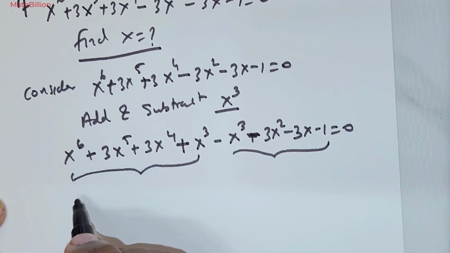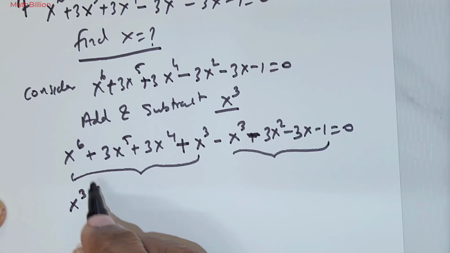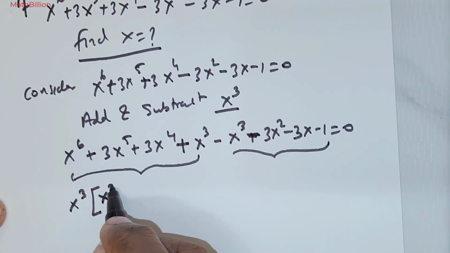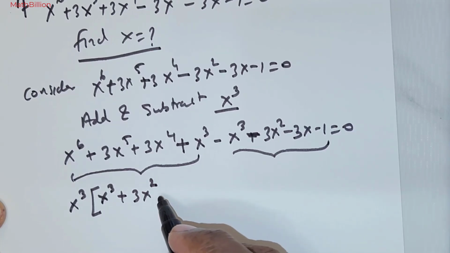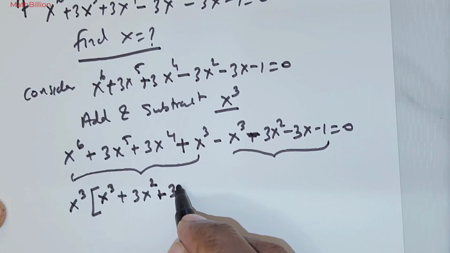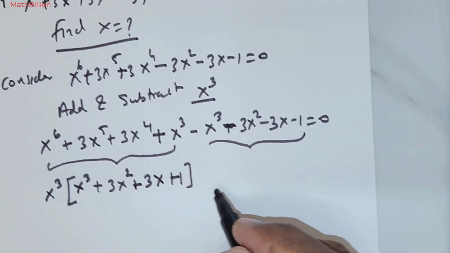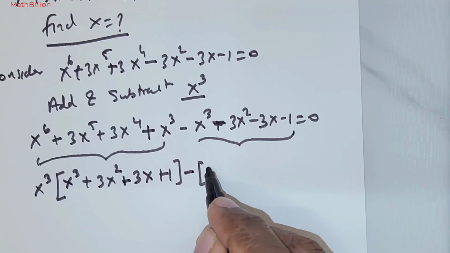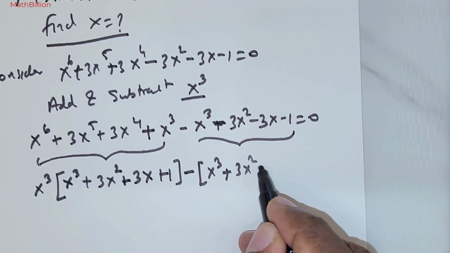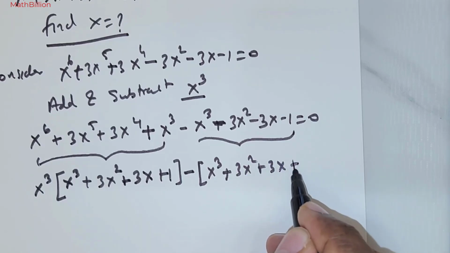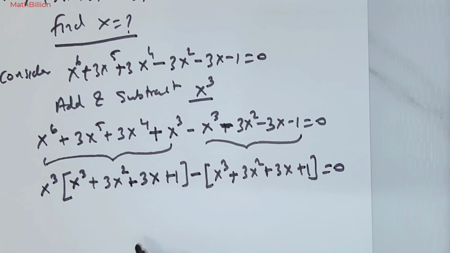So this can be rewritten by taking x^3 out, and I will get x^3 + 3x^2 + 3x + 1, and if I were to take a negative sign out, I would get x^3 + 3x^2 + 3x + 1 = 0.